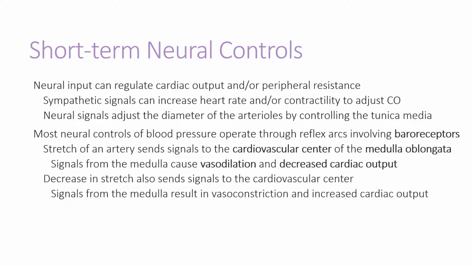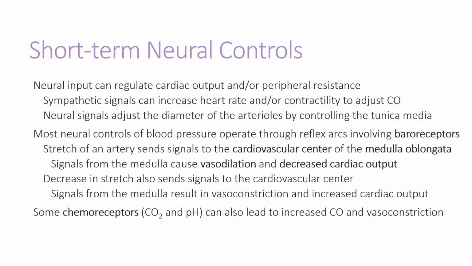Signals from the medulla result in vasoconstriction and increased cardiac output, meaning that if our blood vessels aren't stretched as much, we can do things like vasoconstrict our blood vessels to increase pressure back up towards normal again. Some chemoreceptors also influence our control using neural inputs, especially those for carbon dioxide and changes in pH.